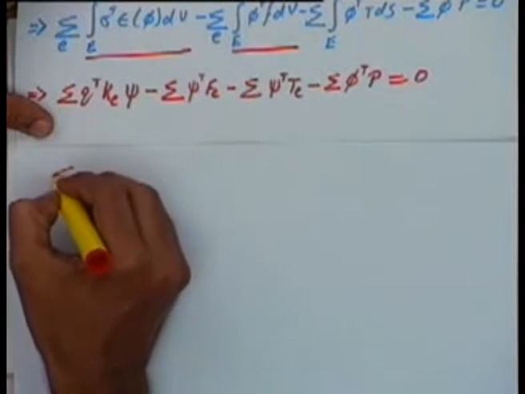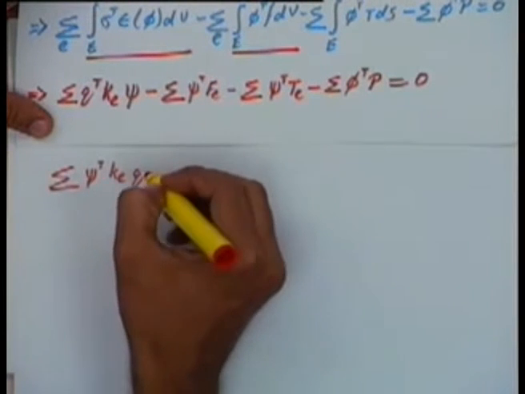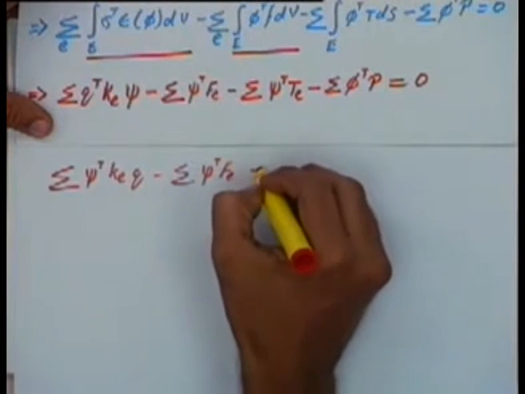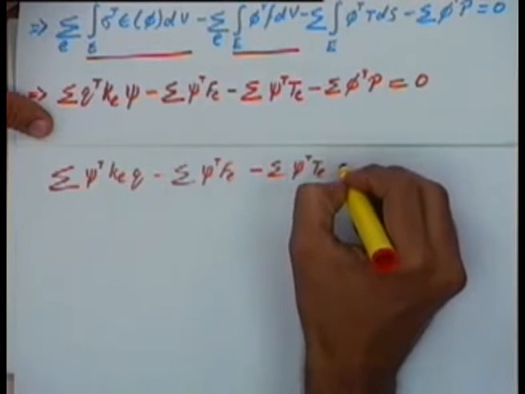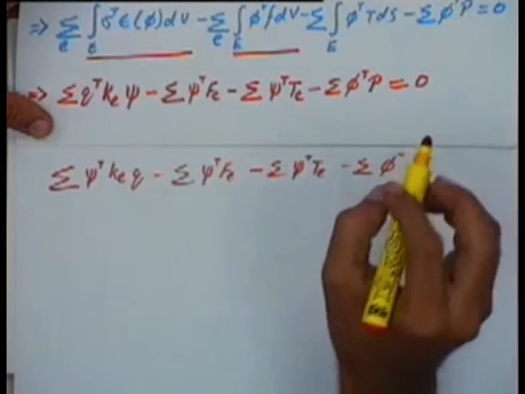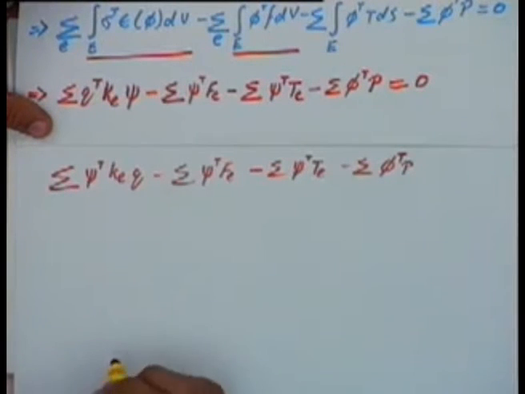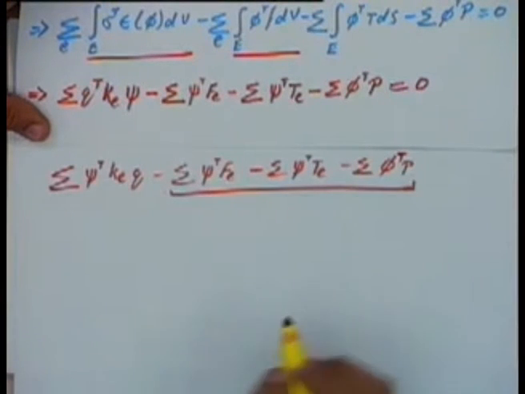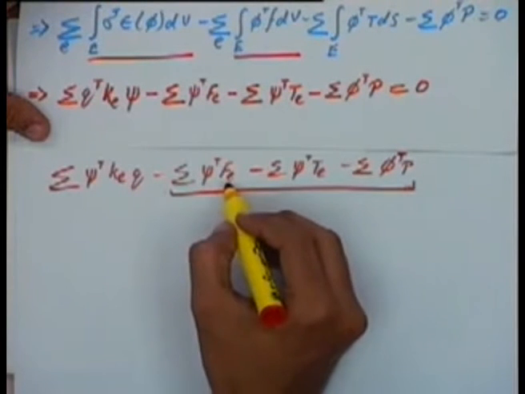What we will get now becomes summation of psi transpose Ke times Q minus summation of psi transpose Fe minus summation of psi transpose Te minus summation of phi transpose times P. Now if I look at these three terms, in each of the three terms I have a force matrix.